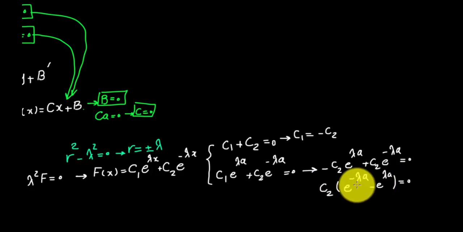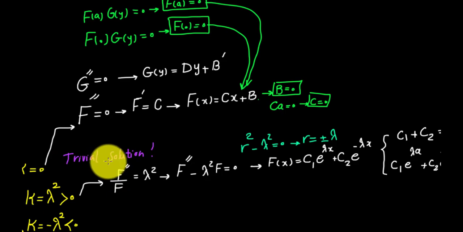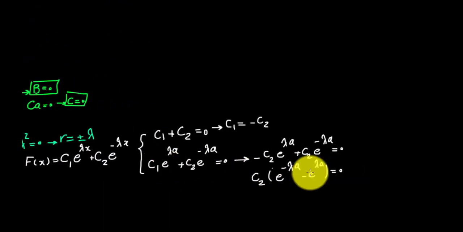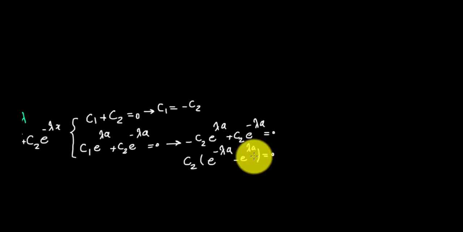If C2 is 0, automatically C1 becomes 0, and again we will end up getting trivial solution, which is boring, but we are looking for non-trivial solutions.